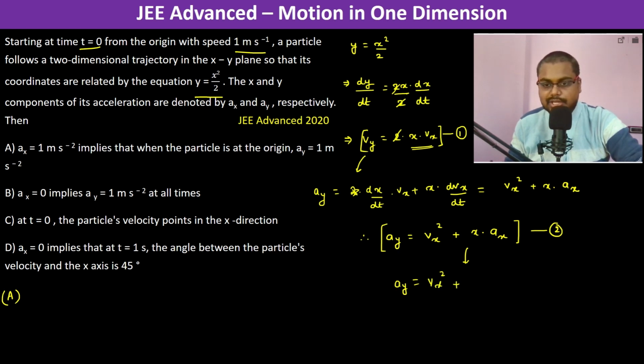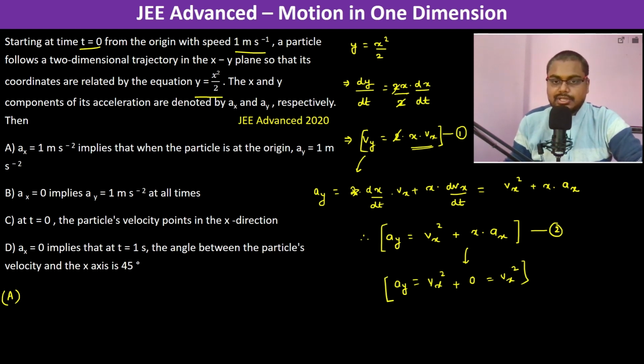At the origin x is equal to 0, so ay is simply vx square. Now at the origin we can clearly see that vy is equal to x into vx, so vy is 0 into vx, therefore vy is 0.